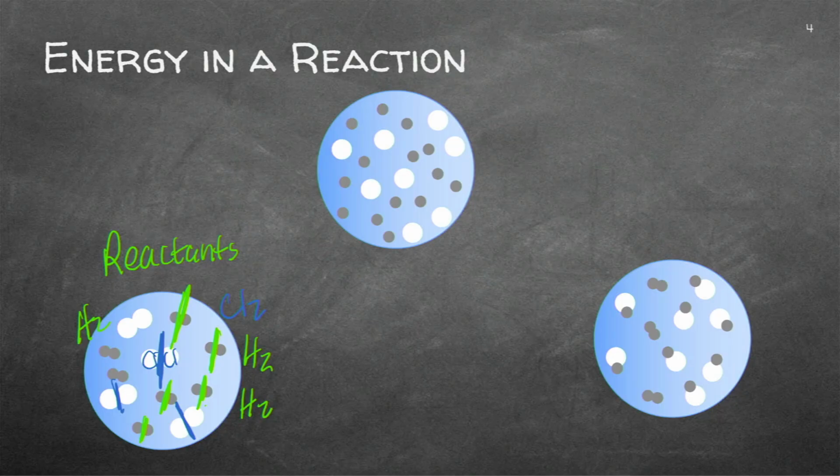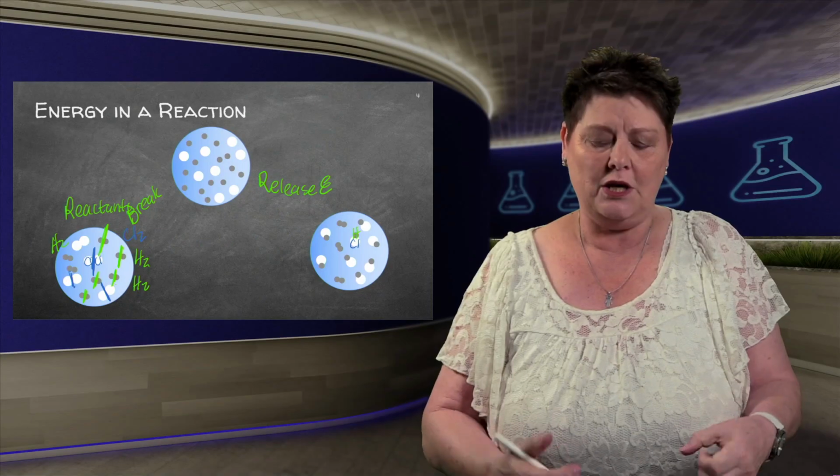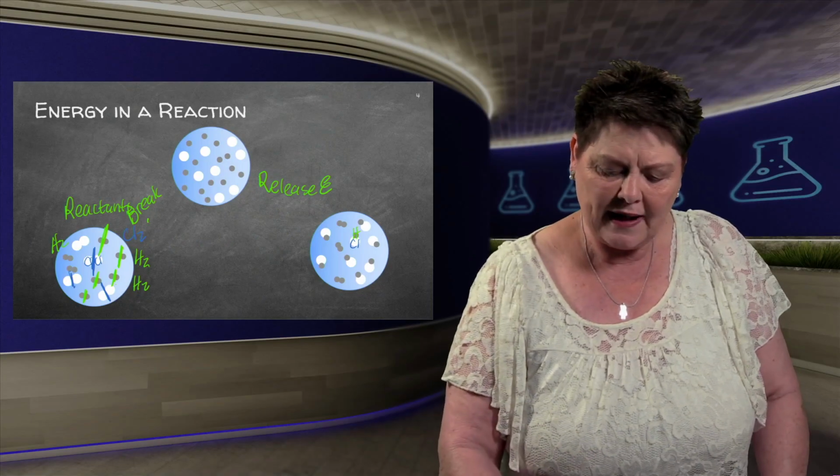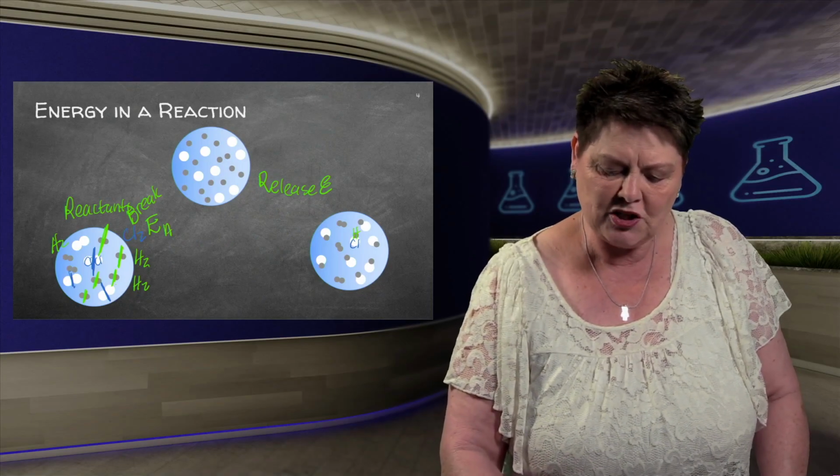So to form on this side Cl with an H, I need firstly to break bonds and I need to release energy again. Now you'll know to break anything, you'll need energy. You've got to pull them apart, and that we call activation energy.